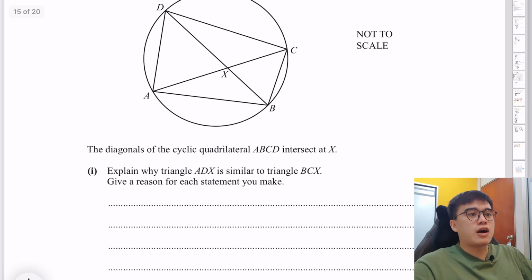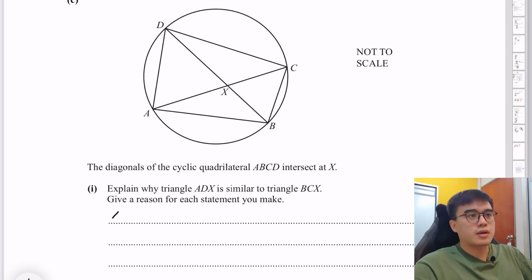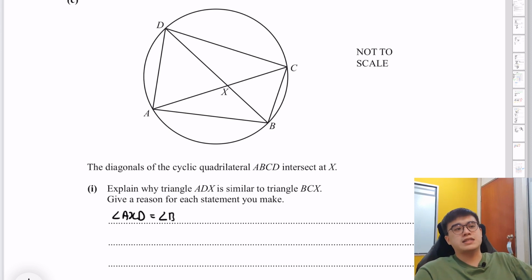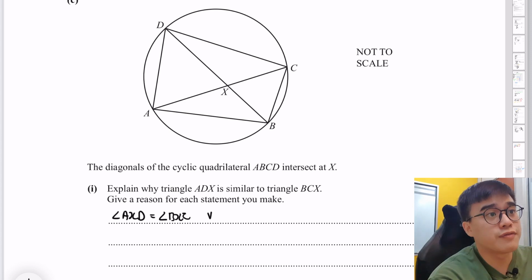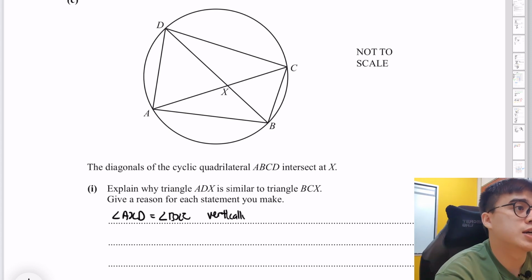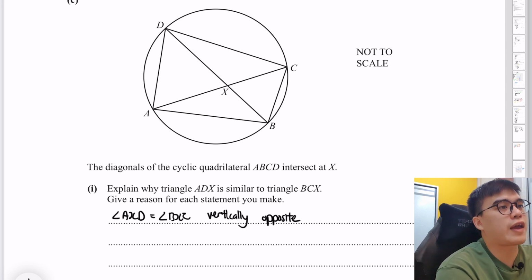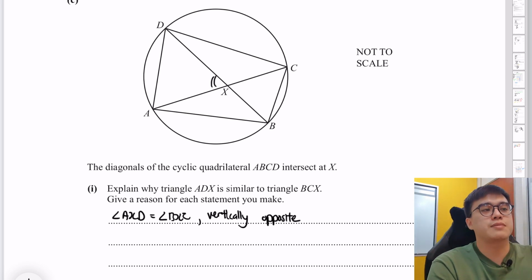As for part C of this question, the first thing that I identified was that angle DXA equals angle BXC. This is because they are vertically opposite, so you can use that to identify your angle. Then I move on with ADB and ACB.